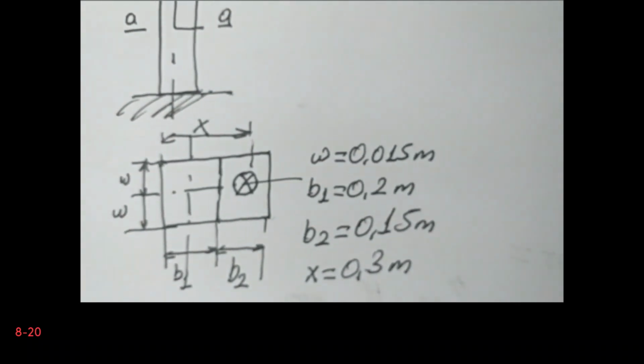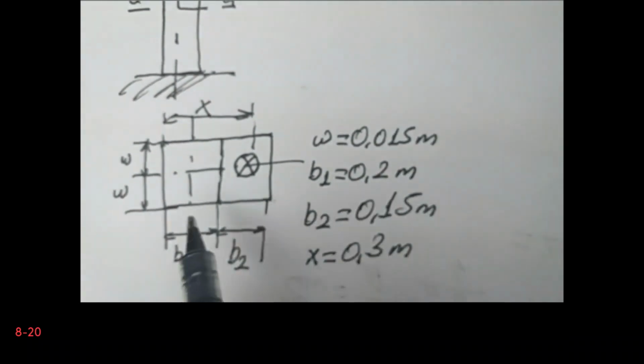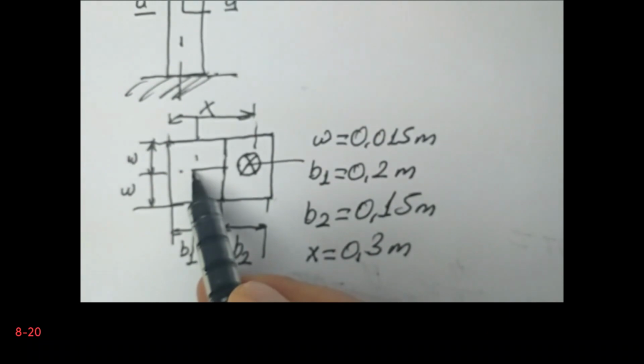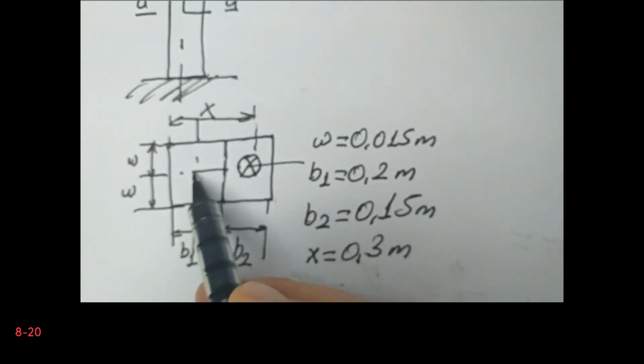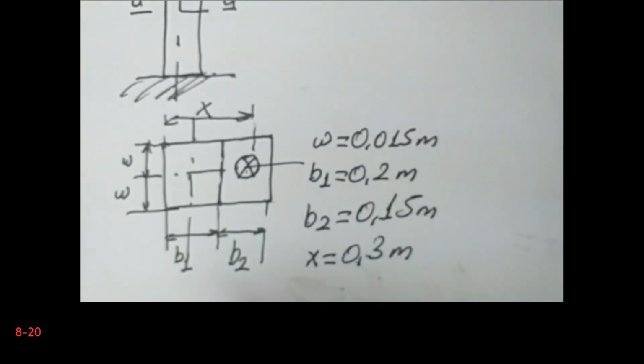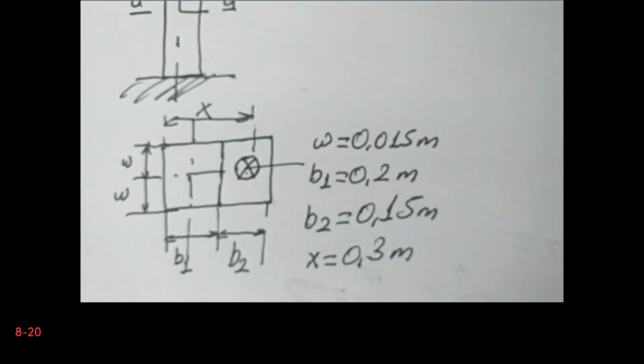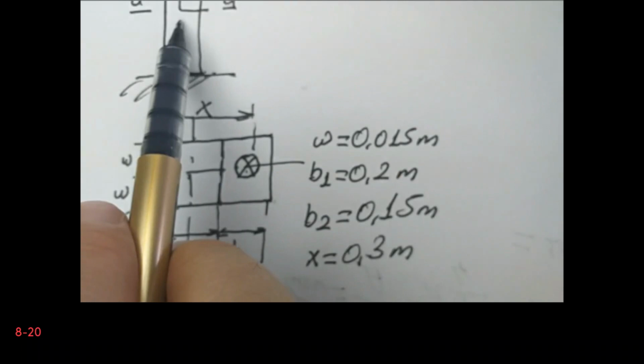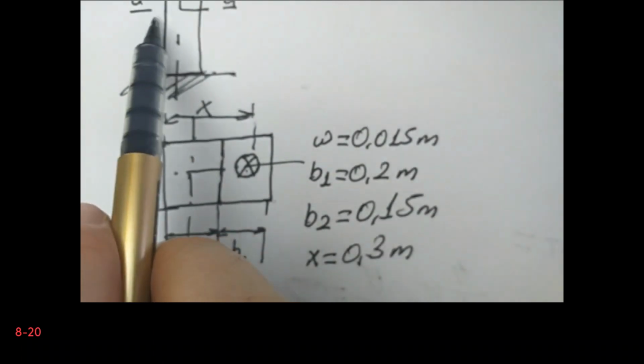Now when we transfer this force to this point, certainly there will be a point load and a moment here. So the moment is generated by this distance, and this will be the loading which acts on the section AA.